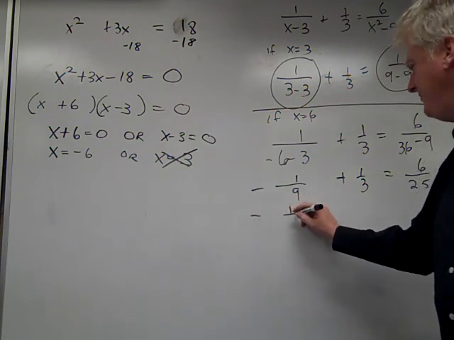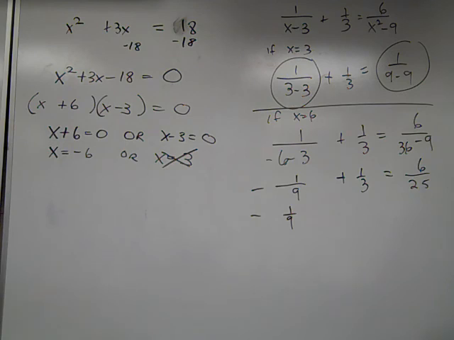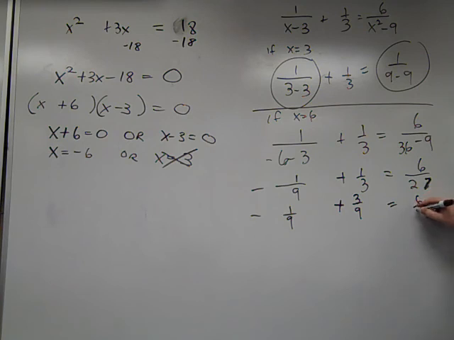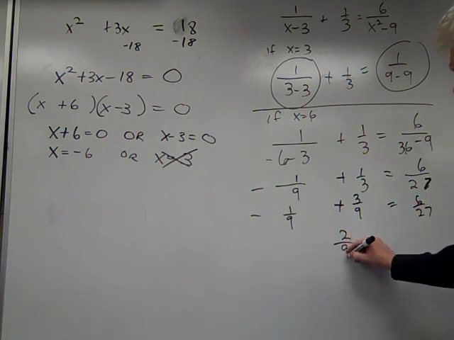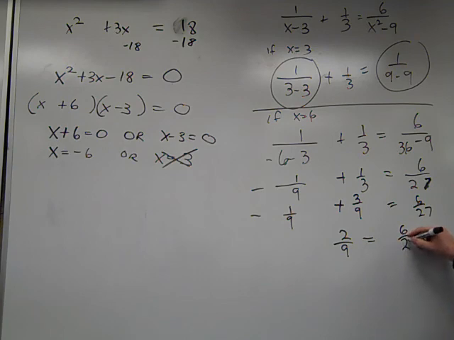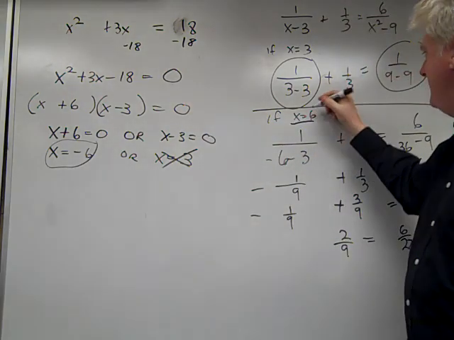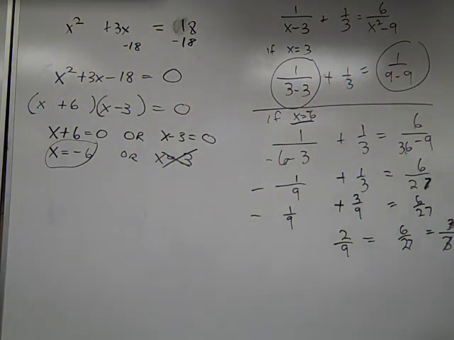This is negative 1/9 plus 3/9. Is that equal to 6 over 27? Is 2/9 equal to 6 over 27? Sure it is, because 6 over 27 is equal to 3 times 2 over 3 times 9, and the 3's will cancel and leave 2/9. So x equals negative 6 checks as a solution.